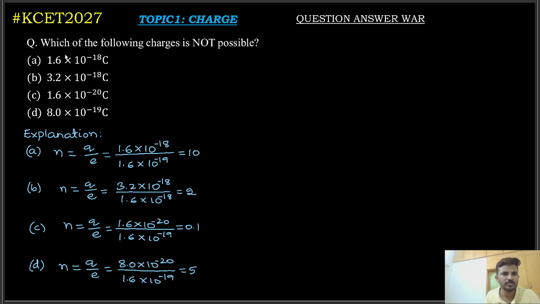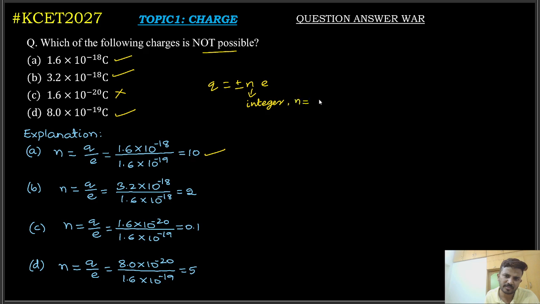Next we have, which of the following is not possible? First one is possible, second one is possible, third one is not possible, fourth one is possible, because here I have given the explanation. N is equal to Q by E from quantization of charges. We have already studied Q is equal to plus or minus Ne. So N should be an integer.